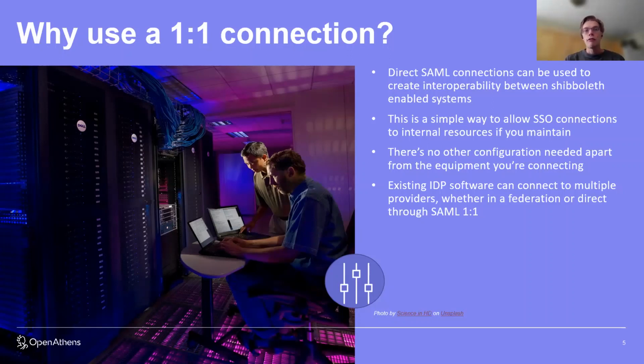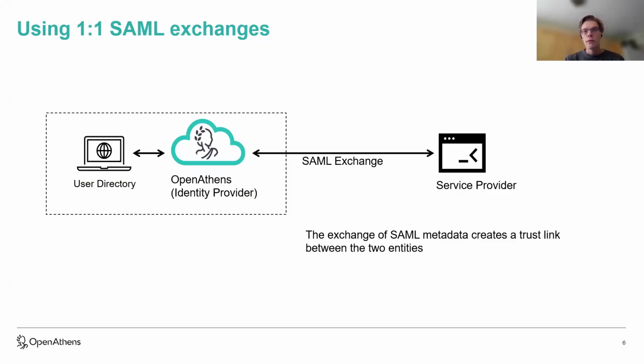That only requires the configuration of the two systems that you're integrating. It doesn't require any other operation outside of what you might be controlling or where you're connecting to. Here's a quick diagram to clarify what that looks like. The identity provider software sits in front of the user directory that you want to connect to a service provider or a resource.